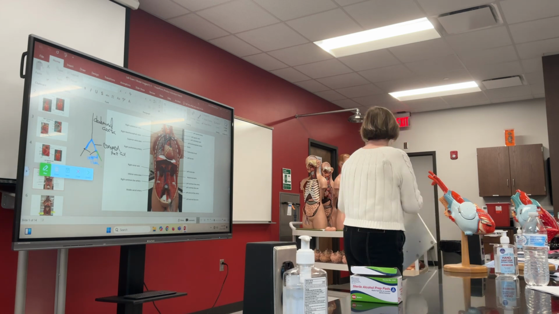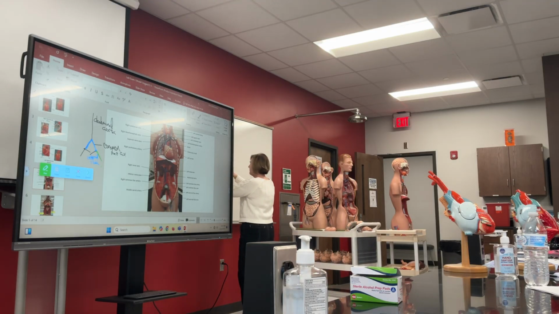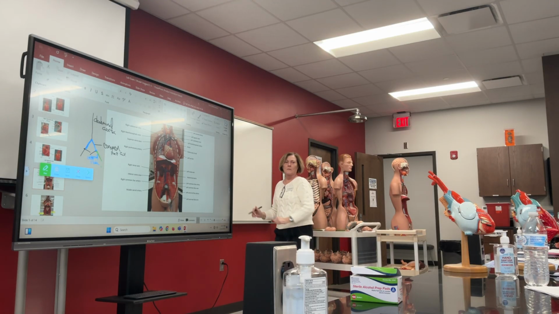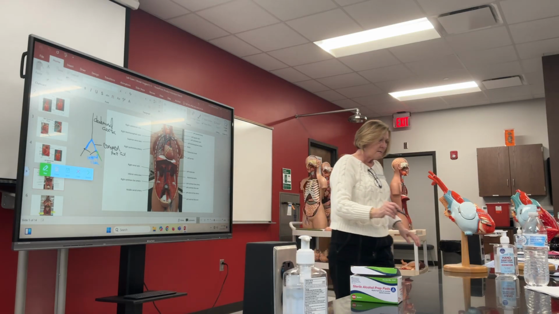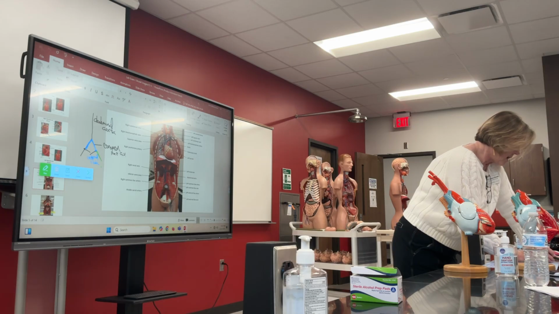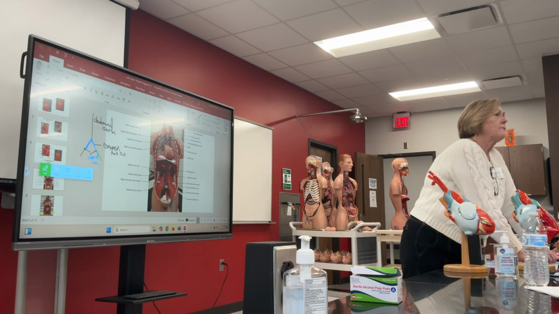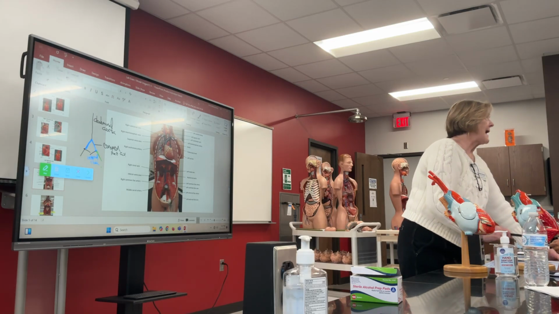Let me tell you what you can mark off on your sheet. I'm on the second column. You can mark off cephalic trunk. You can mark off gonadal artery and vein.